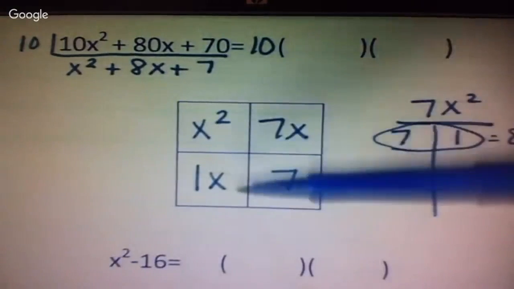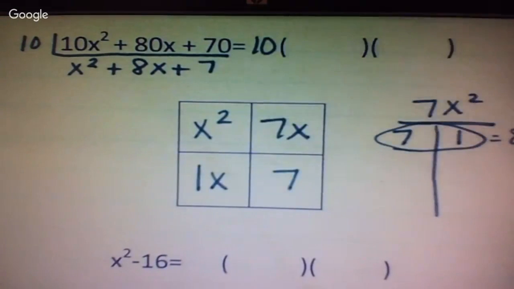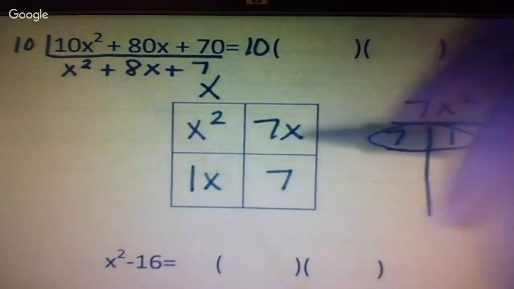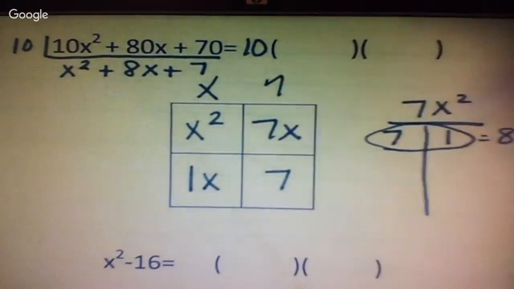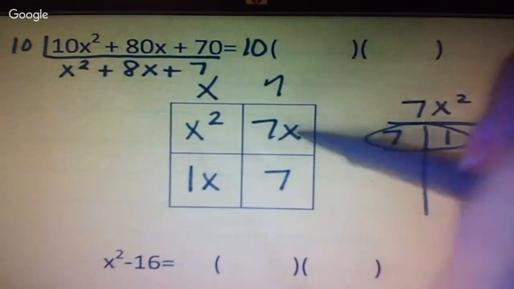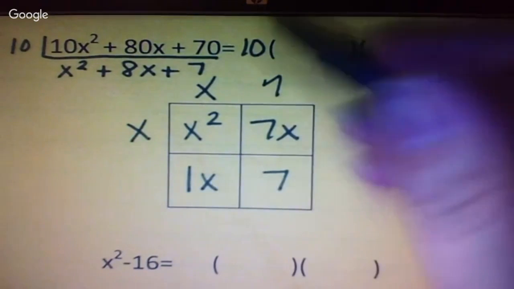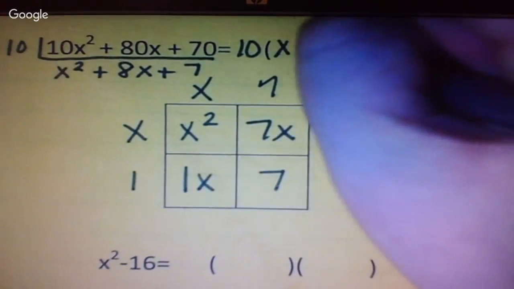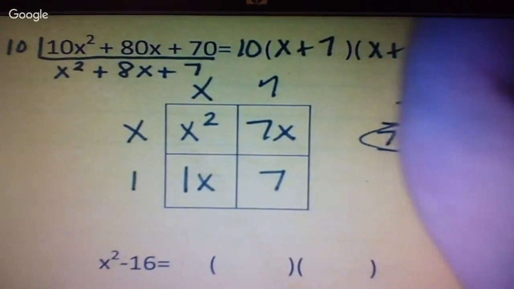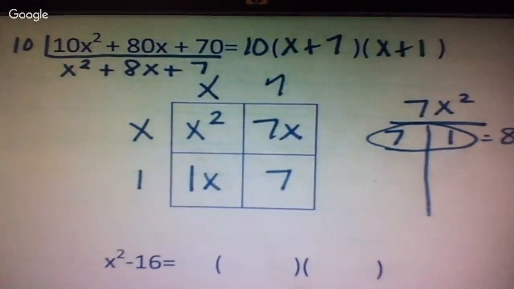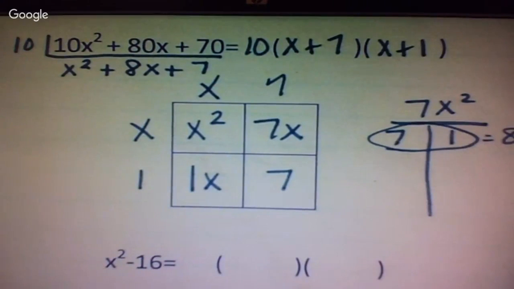Okay? What do x squared and x share in common? X. What does 7x and 7 share in common? 7. What about x squared and 7x? Just an x. And x and 7? 1. So we've got x plus 7, x plus 1. I did that right. Me too. Okay?